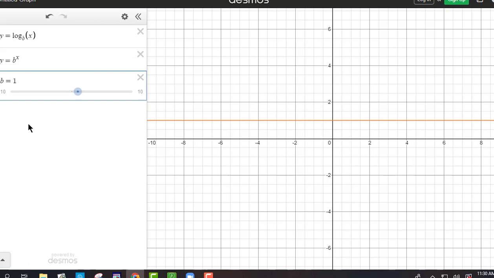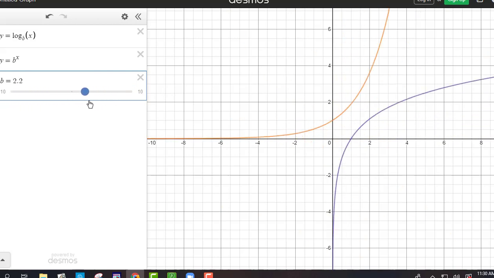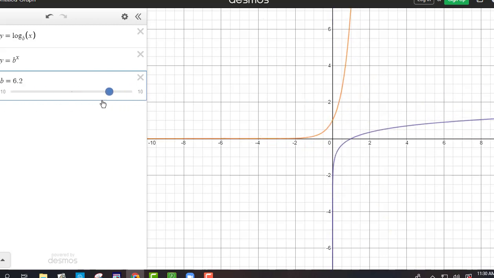So I'm going to give you guys a couple minutes to play. On that slider, if you put your cursor on it and move it, it gives you different values. We're just going to look at values between 10 and negative 10, but I want you to go through those values and see if you can come up with some interesting things that you notice about different values.